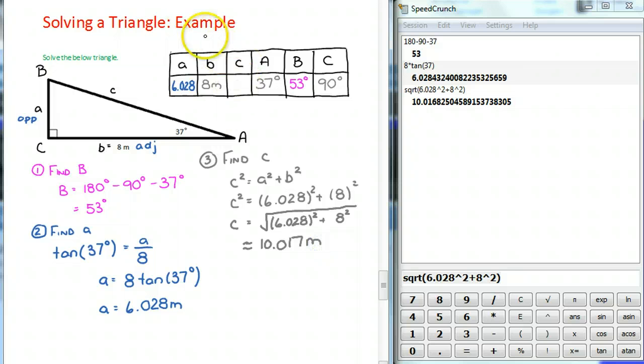Oh, I shouldn't have picked gray since this is gray. Oh well. We'll write in here in a different color. Let's write in green. So 10.017. I feel good about that.